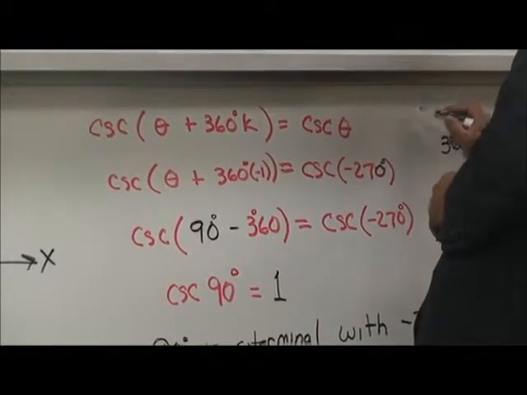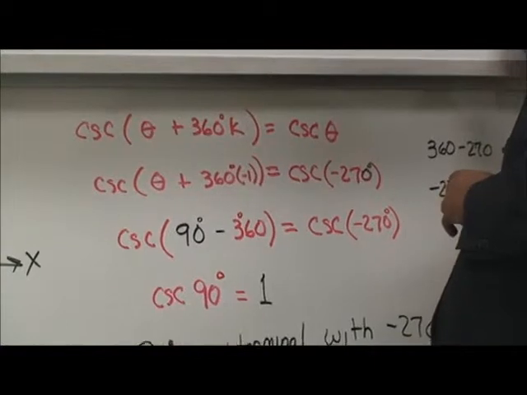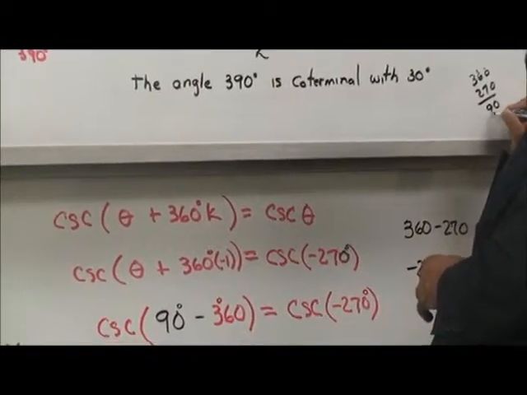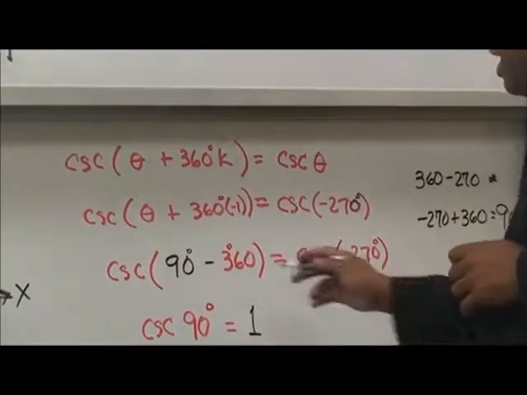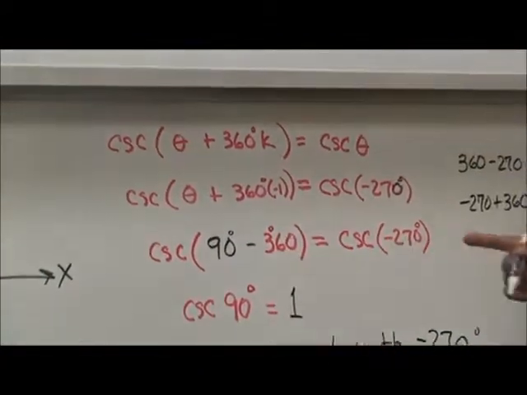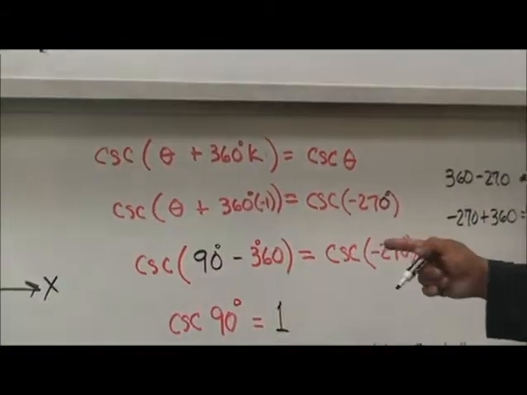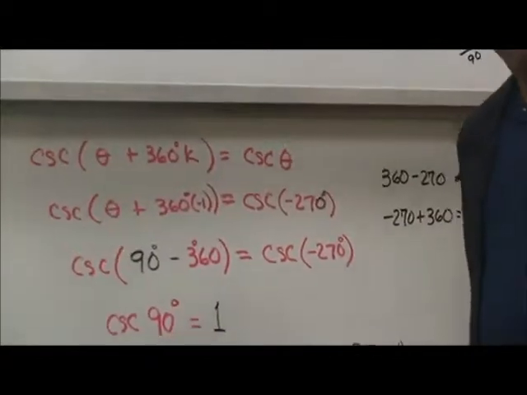Let's do the math by hand. That's going to be 90 degrees. So 90 degrees is put inside here as such. And whatever you get here, cosecant of 90 minus 360 is going to give you cosecant of -270 degrees.